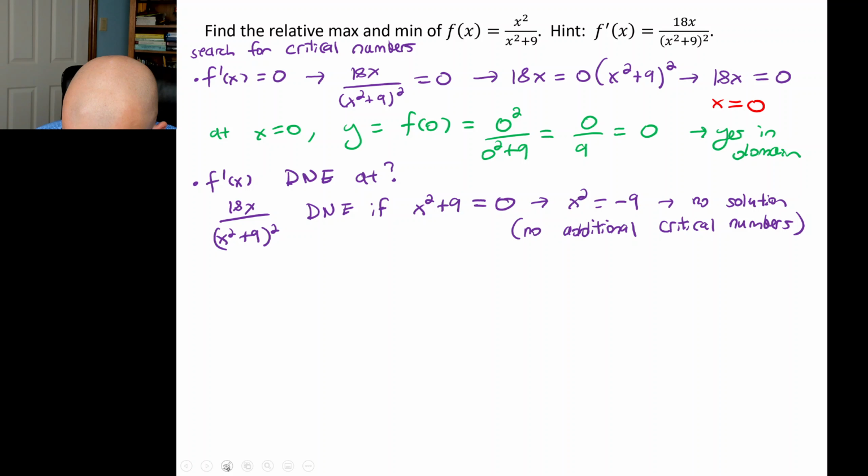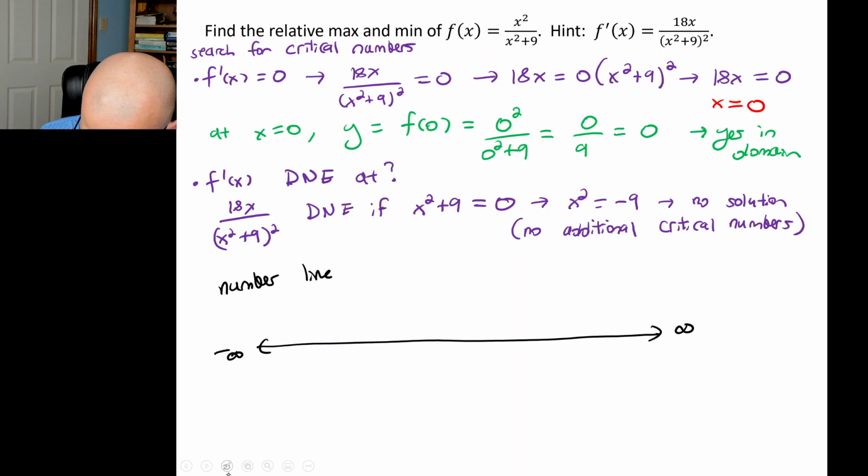Now we make a number line. Our number line goes from minus infinity to infinity. I'm going to cut the number line at the one point that we found at x is equal to 0. Now I have to choose 2 test values.